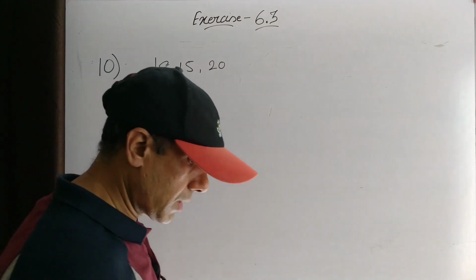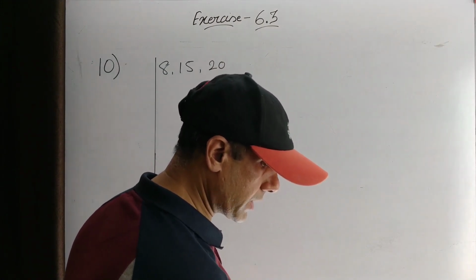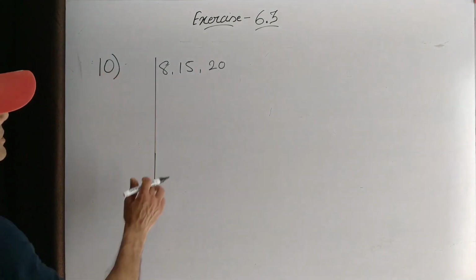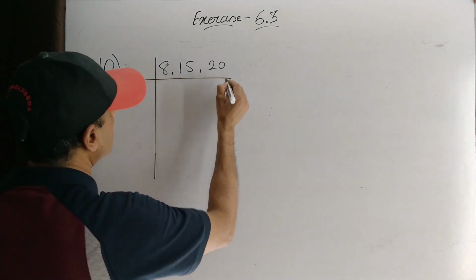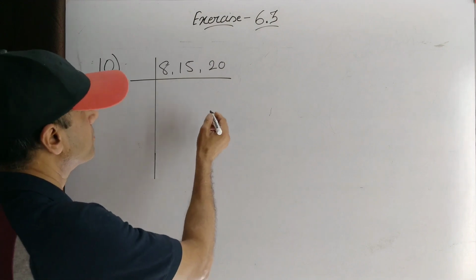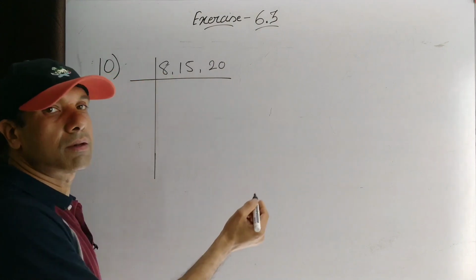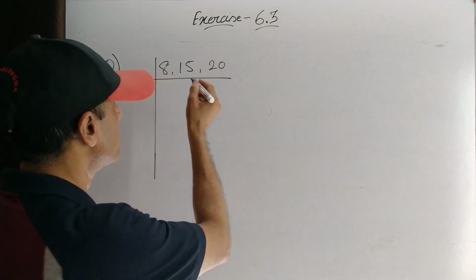Question number 10. Find the smallest square number that is divisible by each of the numbers 8, 15 and 20. So we'll solve the same way. We'll first find the smallest number which is divisible by 8, 15 and 20 and then find the smallest square number which is divisible by these three.